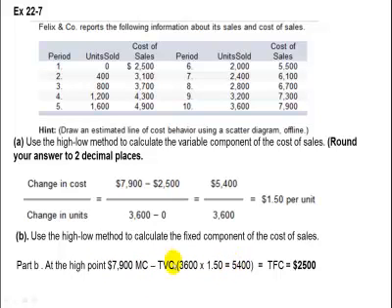And so if this mixed cost has $5,400 worth of variable cost, that's total variable cost, and the difference between the variable piece and the total mixed cost, what's left, is fixed, and that'll be the fixed cost piece, which is $2,500. So this high-low method lets you find out from these mixed costs what portion is variable, which would be $1.50 per unit, and it also lets you know what the fixed portion is, which in this case is $2,500.